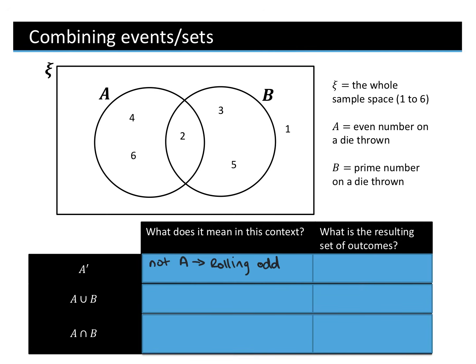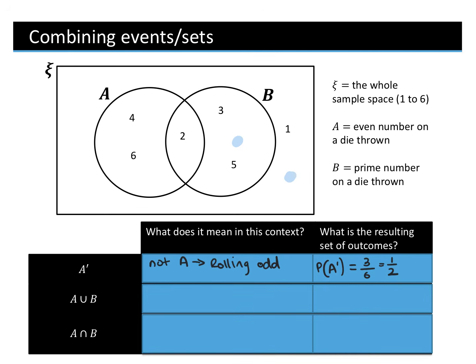Rolling odd or not rolling even. Think about the context of the question. So, this is just the probability of A dash, which we know, where is not A? Not A is here and here. So this is a total of 1, 2, 3 out of a possible 6, which is a half.